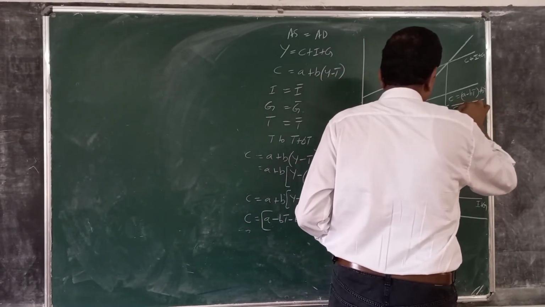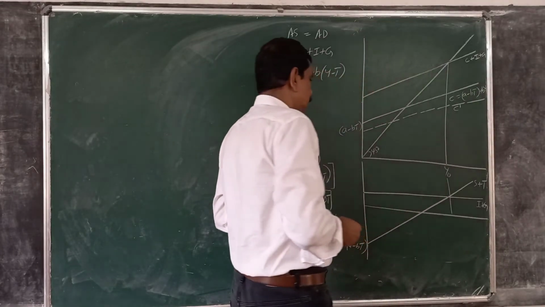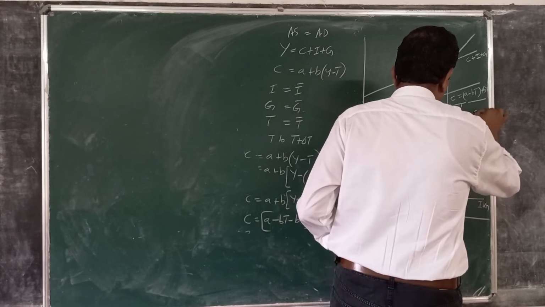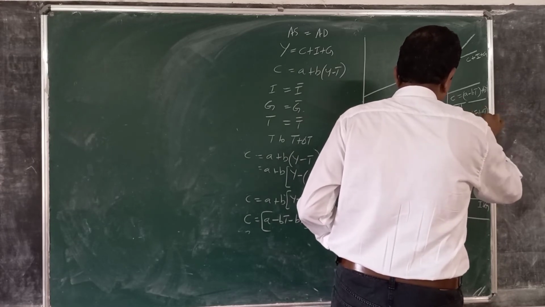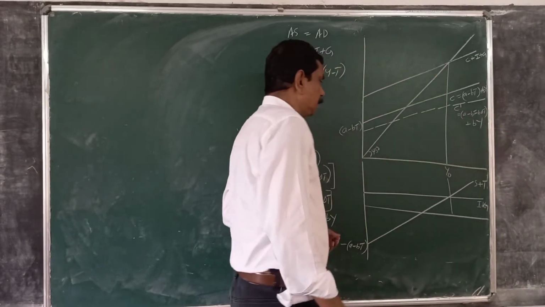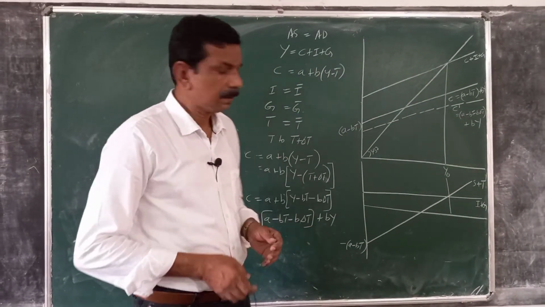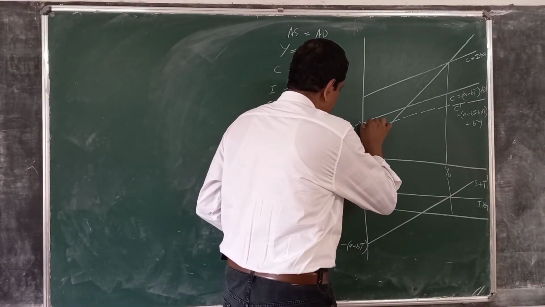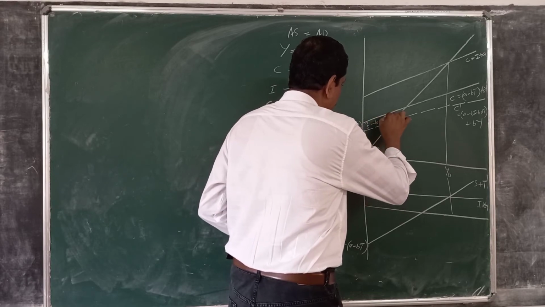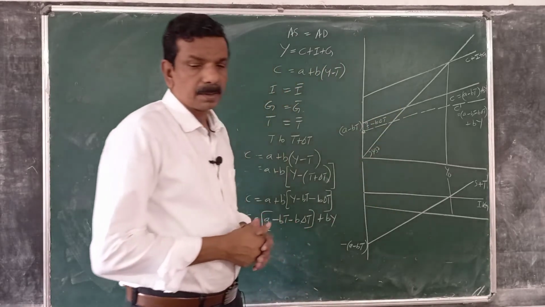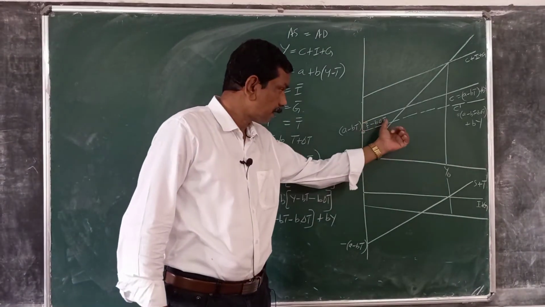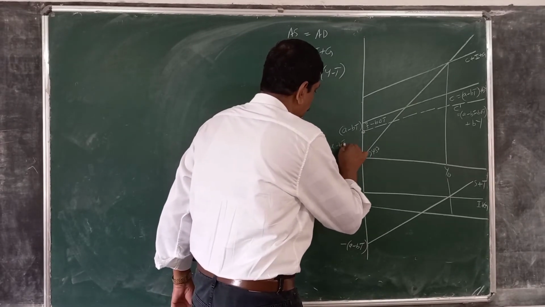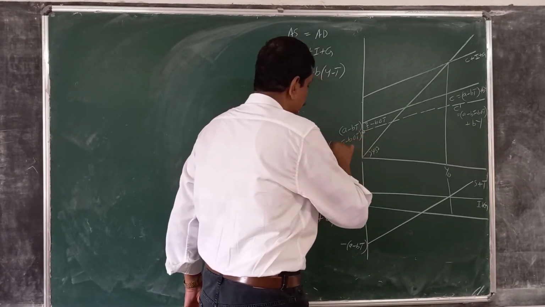The new consumption function C dash has the intercept A minus BT minus B into delta T, plus BY. As you can see, minus B into delta T is the distance. The intercept is now A minus BT minus B into delta T.